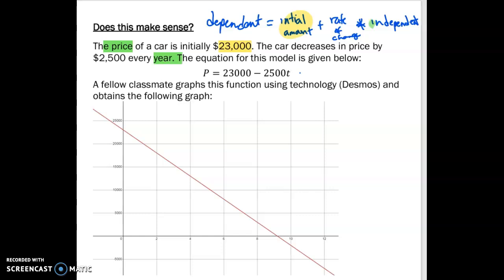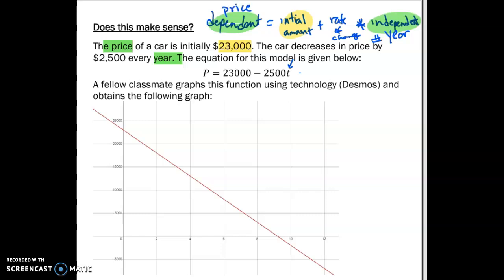The price of the car is going to depend on the number of years. So the number of years is going to be our independent variable, which you see represented with T here. And the dependent variable is going to be the price of the car, which you see represented with capital P.